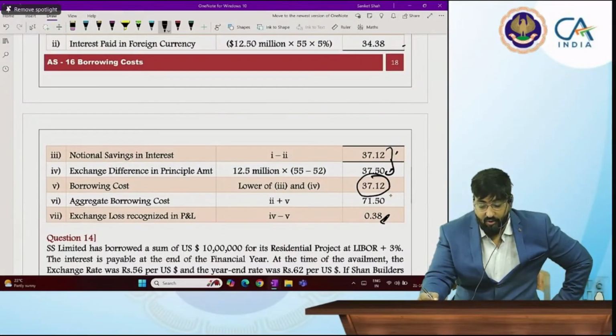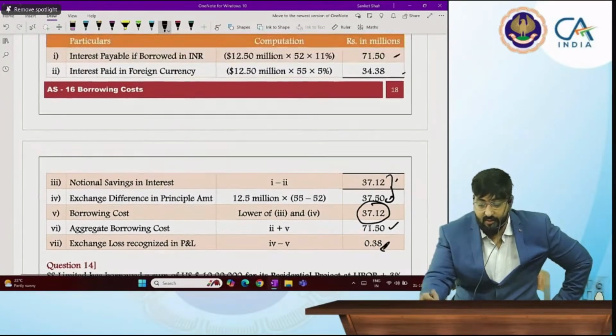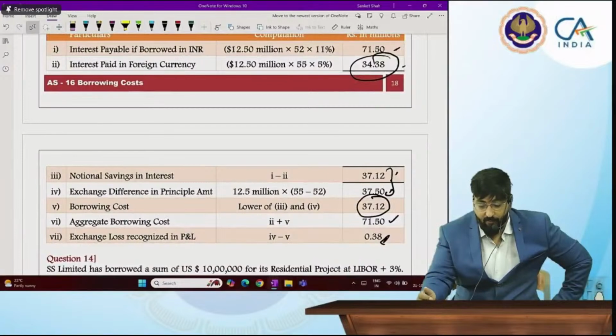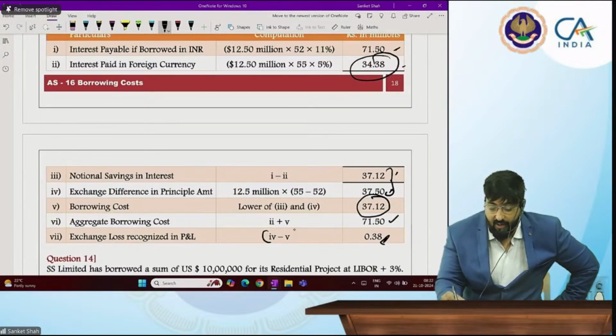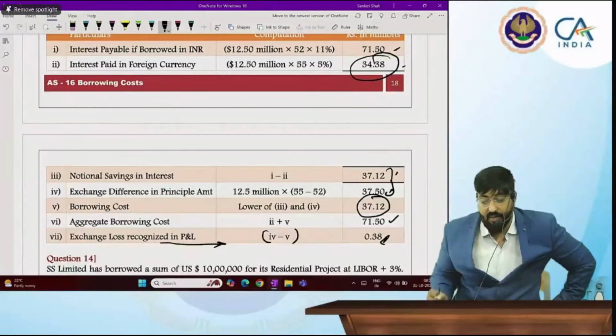Okay, so aggregate borrowing cost is 34.38 plus borrowing cost 37.5, and the difference between the two, notional saving and exchange difference. If exchange difference is higher, when will this be applicable?